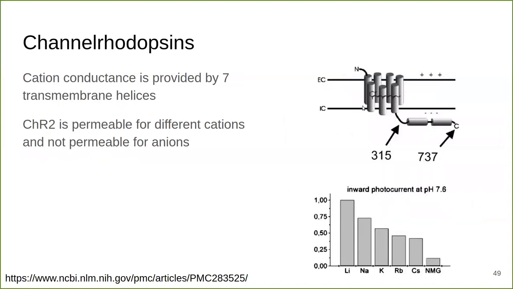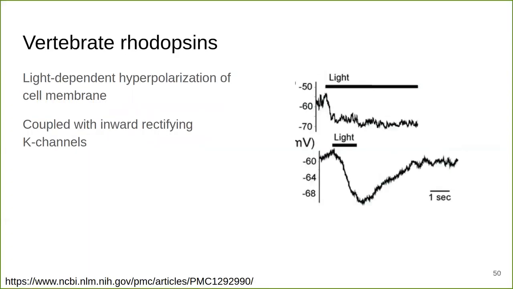So here's the structure of these channelrhodopsins. And it turns out that channelrhodopsins, the initial ones they found, are permeable to different cations, and they are not permeable to anions, which can provide a very specific activity when you activate them. So you depolarize the membrane.